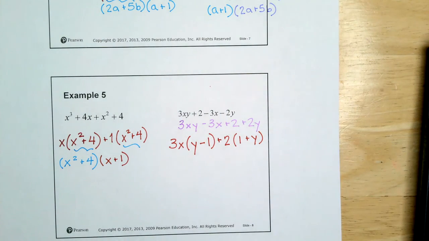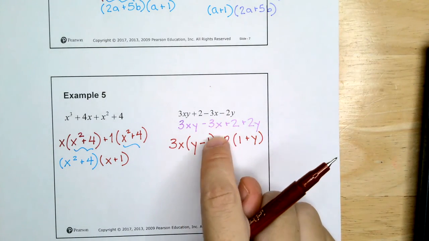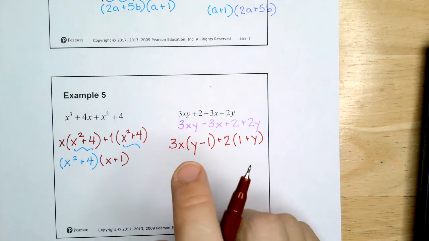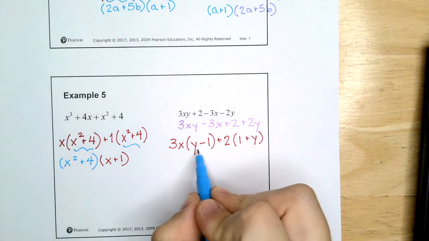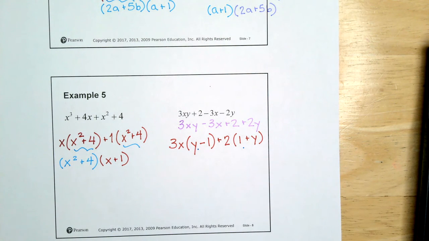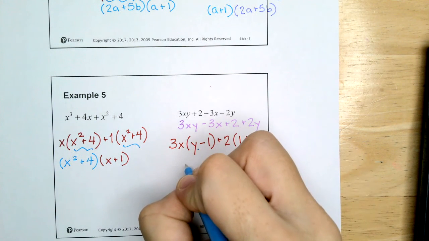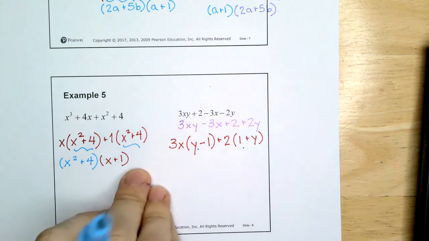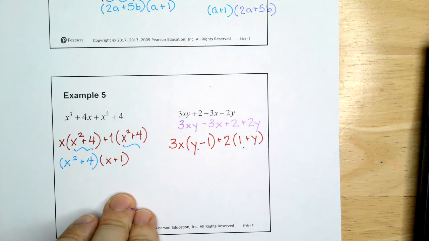So I found something. I found a way to group them and find a factor, but I see that this and this do not match. These do not match, so I cannot pull them out as a common factor, right?